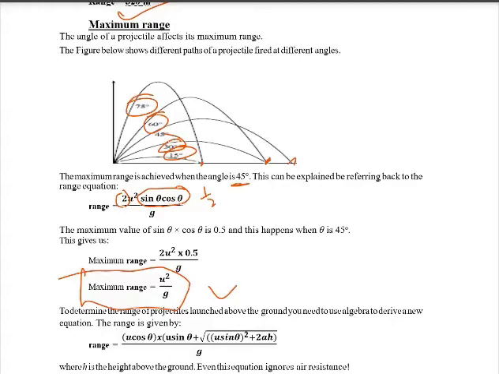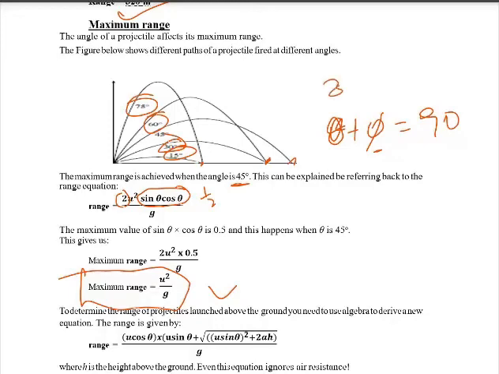And if the angles are complementary, that means the sum of theta plus phi is equal to 90 degrees, if you use theta to find the range, and if you use phi to find the range without change in initial velocity, you get an equal range.